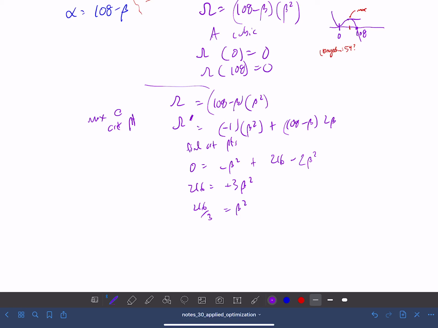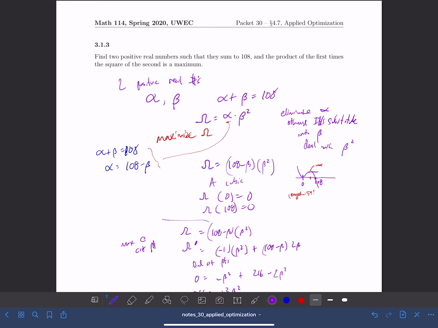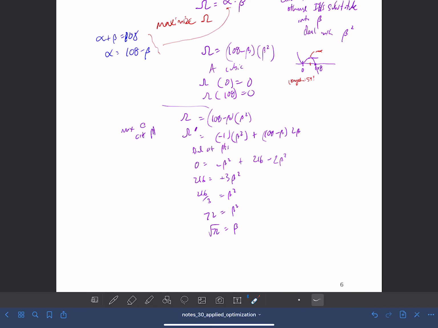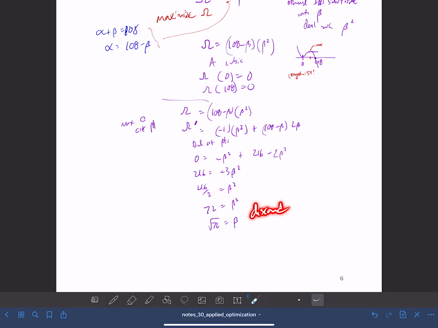It's not a wonderful number here, but that's okay. So 216 divided by 3, that's 72. So beta is plus or minus root 72. But I know that it needs to be a positive number because it told me so. So I'm going to discard the minus branch.